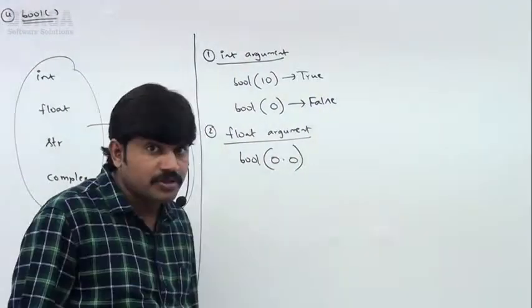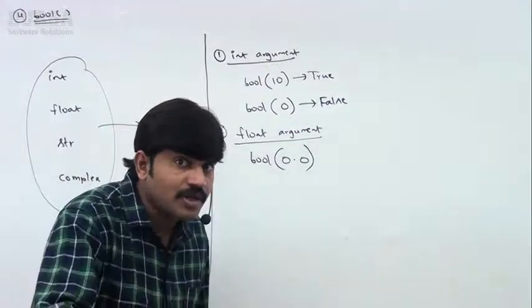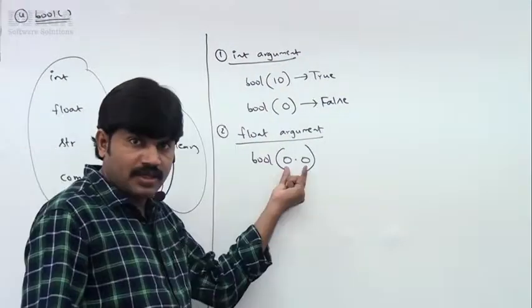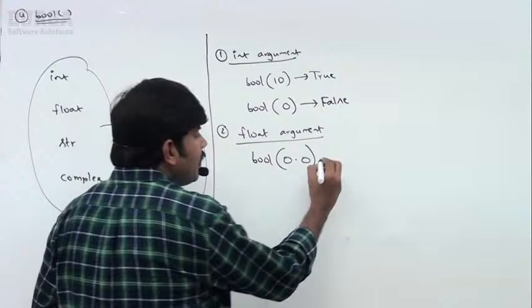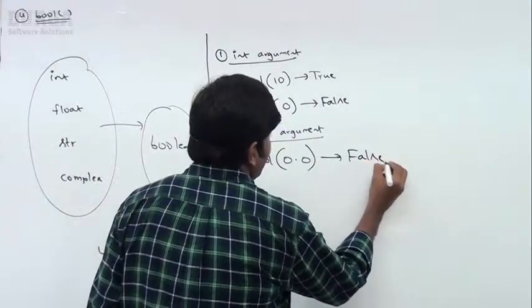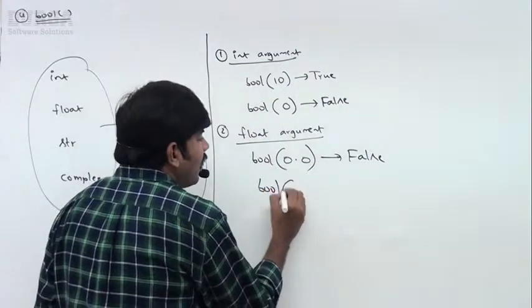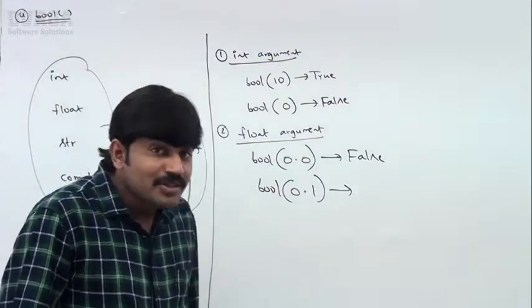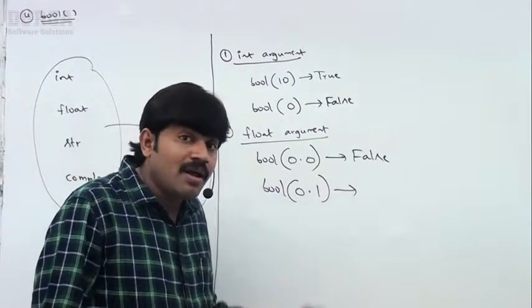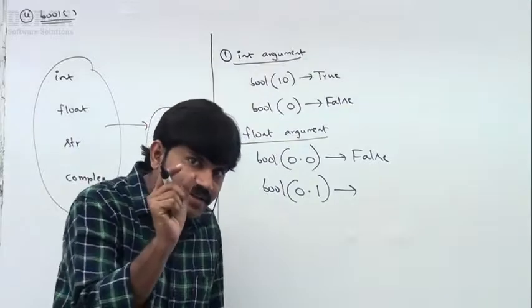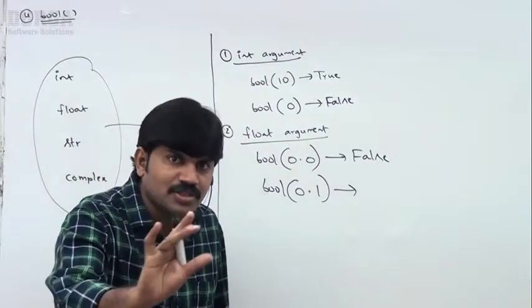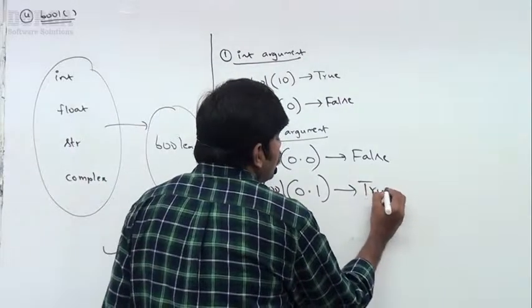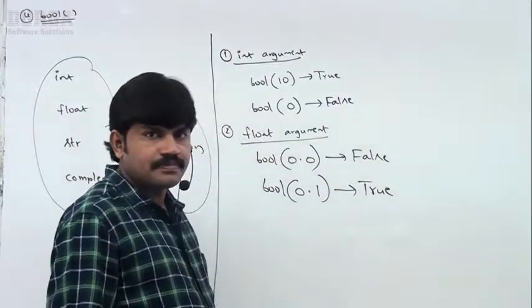Float value 0.0, its value is 0. That's why False is the answer. Sir, bool of 0.1. Is it 0 or non-zero? Non-zero. Even though it is a very small value, it is non-zero. That's why we are going to get True as the answer.